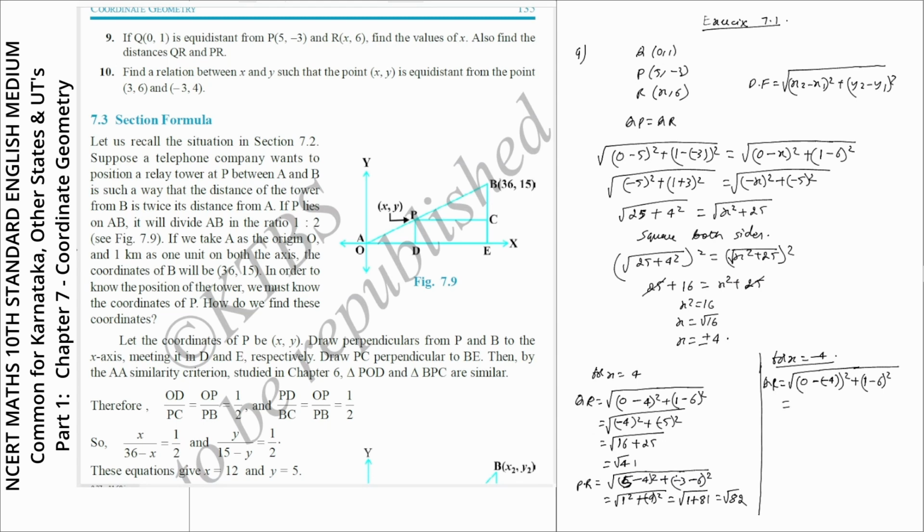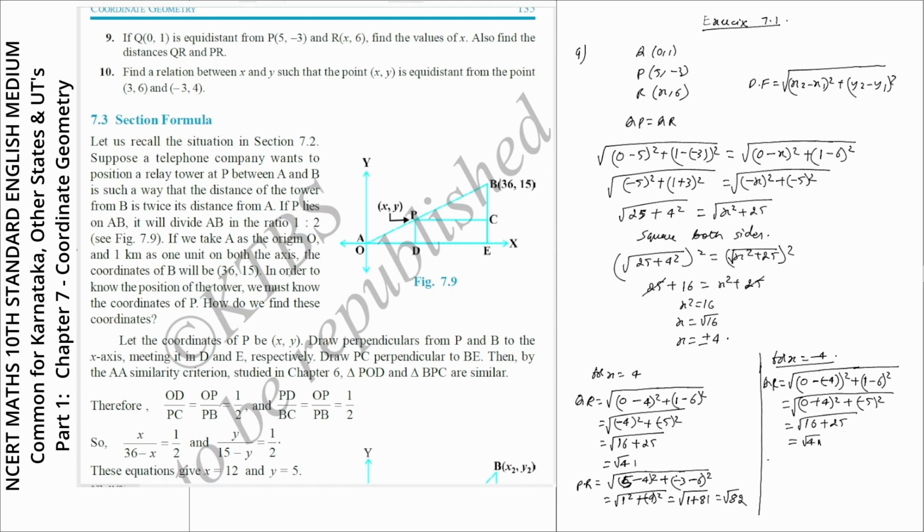So here I'll get 0 minus of minus 4 is plus 4, the whole square, plus minus 5 the whole square. 0 plus 4 is 4 only. So 4 square is 16, plus minus 5 the whole square is plus 25. So the sum of these two is 41.